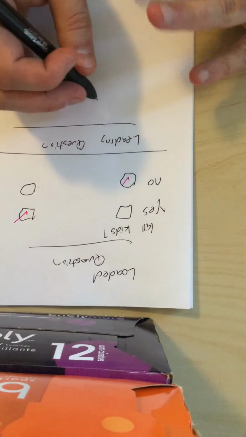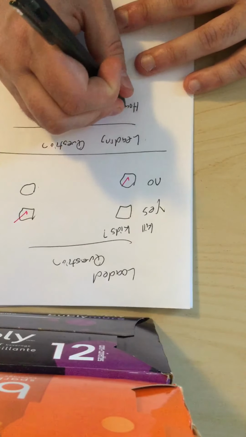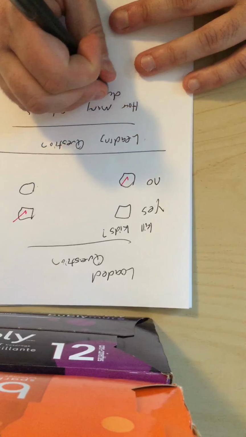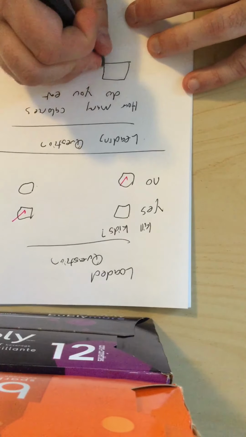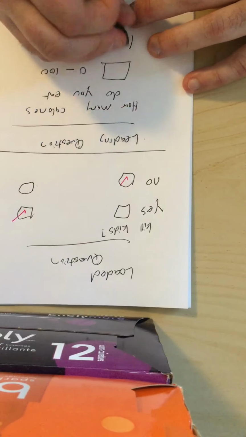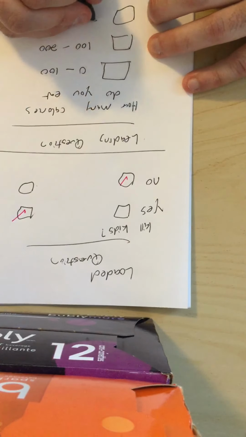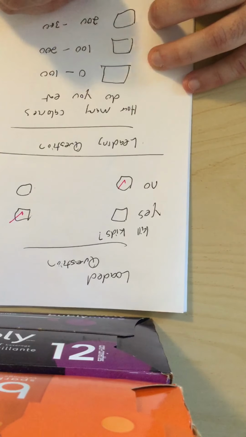So let's say I say, how many calories do you eat in a given day? And then my answers are 0 to 100, 100 to 200, 200 to 300, and 300 plus.